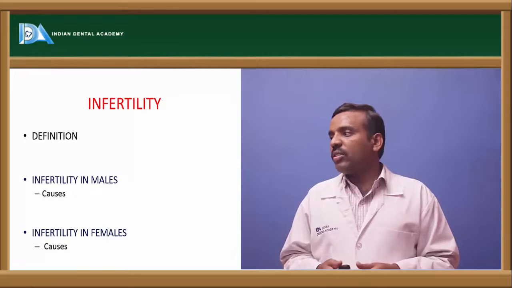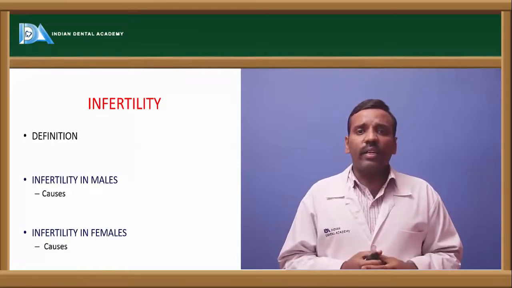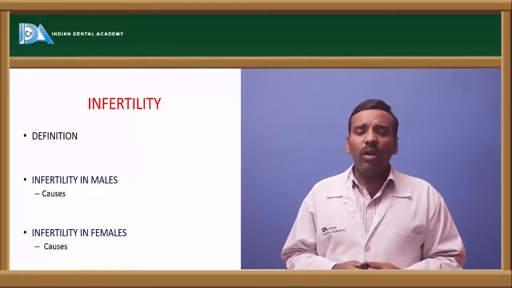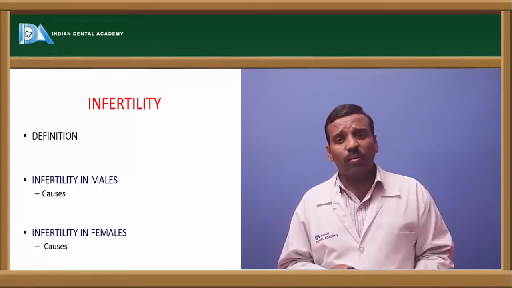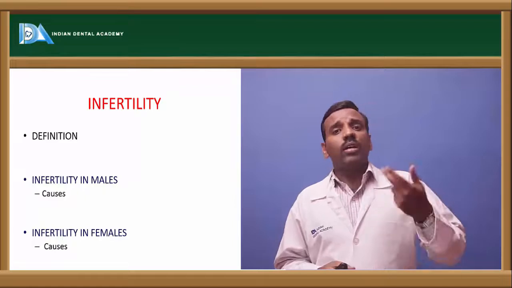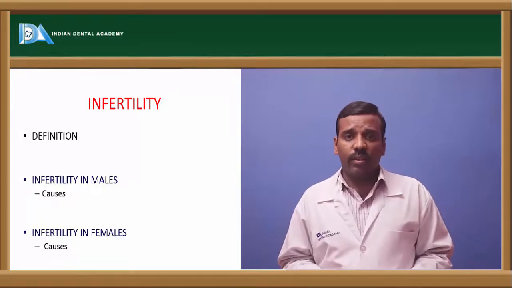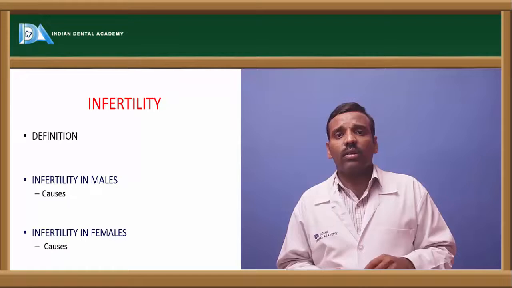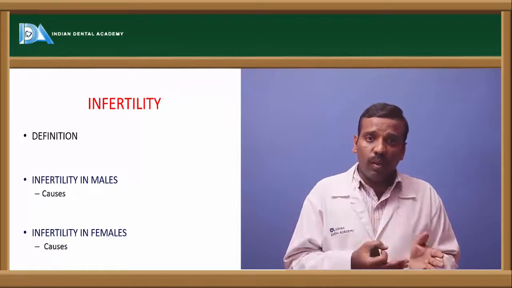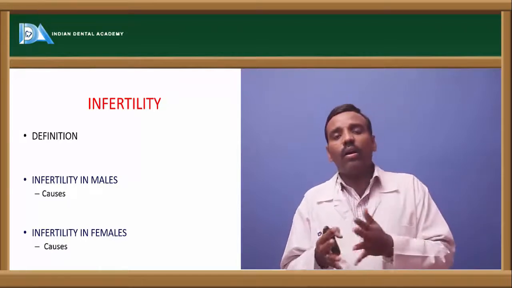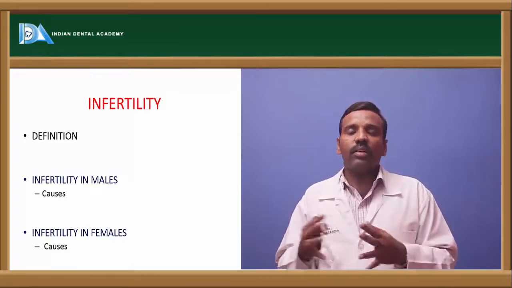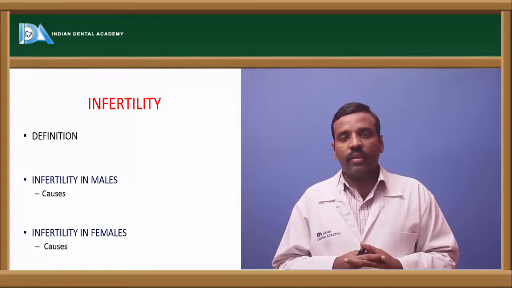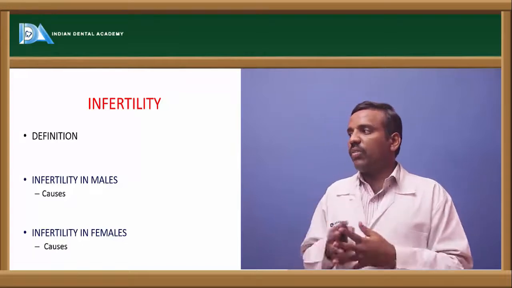Infertility is due to abnormal conditions: the spermatozoa may be morphologically abnormal, or the count may be decreased, or abnormalities of the ovum. By that, infertility occurs.